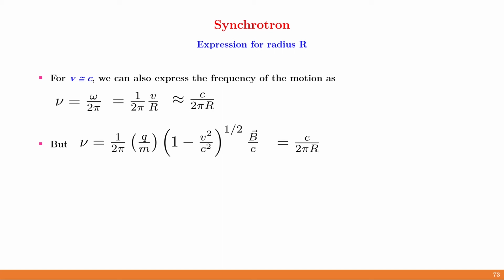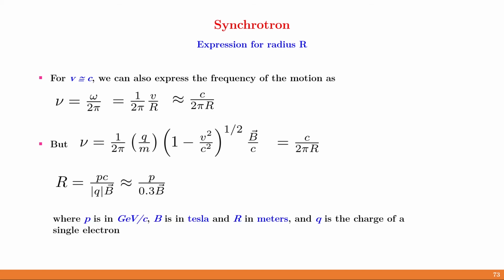When we equate this with nu equal to c over 2 pi r, the radius of the path is equal to p times c over modulus q times B. And this is approximately equal to p over 0.3 B. Here p is in giga electron volt per c, B is in Tesla, r is in meters, and q is the charge of a single electron.